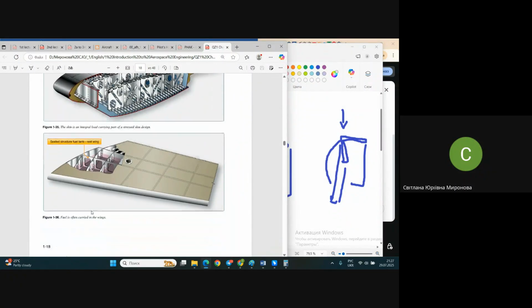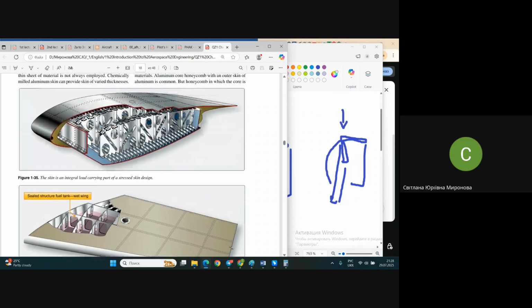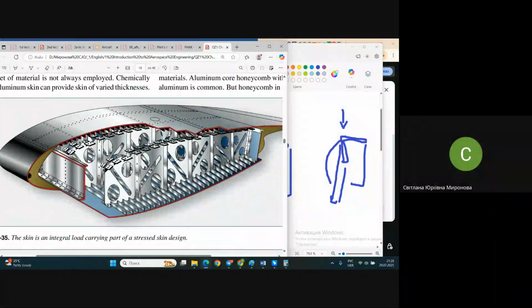But look at this. What do we see? Longitudinal elements of the wing, spar, and another spar. And transversal elements, ribs. We see them by lines of rivets here, and here the skin is partially uncovered, and we see the shapes of ribs. Look at this. What do we see here?